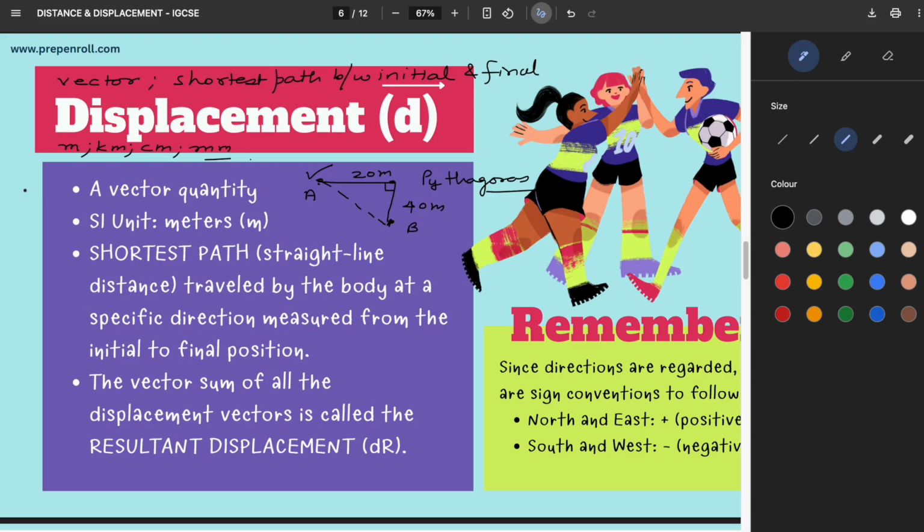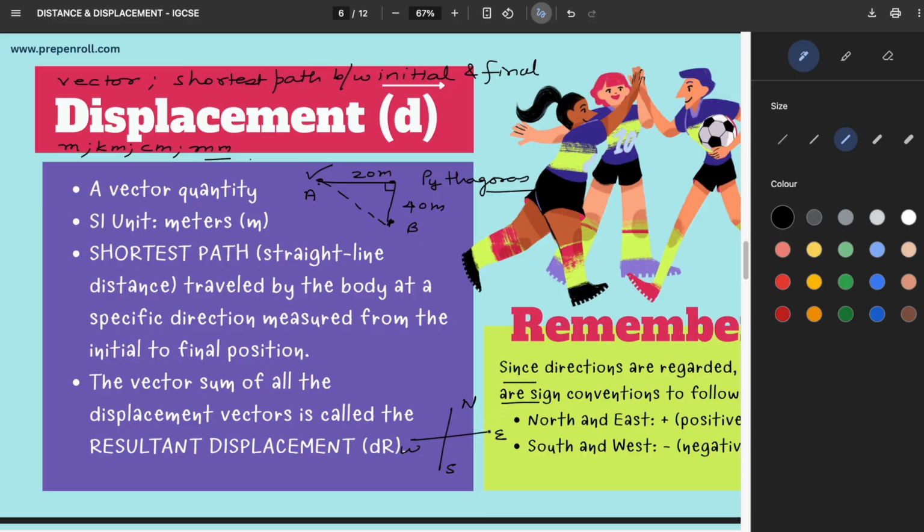Now do remember to take care of the directions. Always remember that directions are regarded here as sign conventions. Usually we define our directions as east, west, north and south.